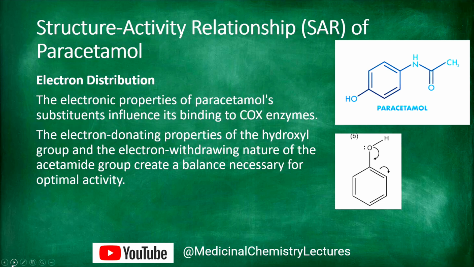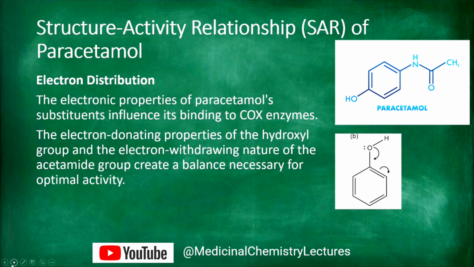Now let's discuss the electron distribution. The electronic properties of paracetamol substituents influence its binding to the COX enzyme. The electron donating properties of the hydroxyl group and the electron withdrawing nature of the acetamide group create a balance necessary for optimal activity.